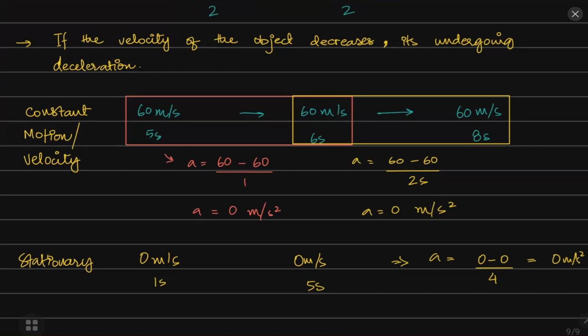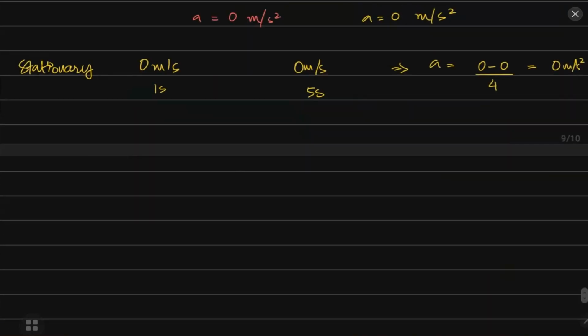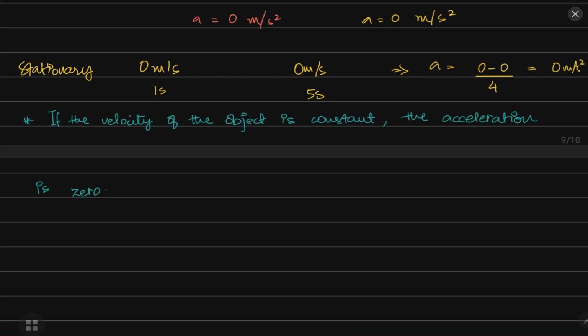You need to remember that if an object is moving with constant motion, or if it's stationary, there will be 0 acceleration. Make sense? If you want, you can write down a small statement over here. If the velocity of the object is constant, then the acceleration is also 0.